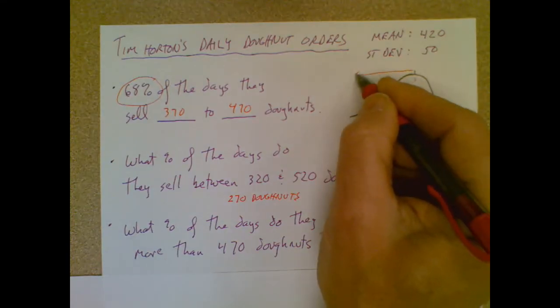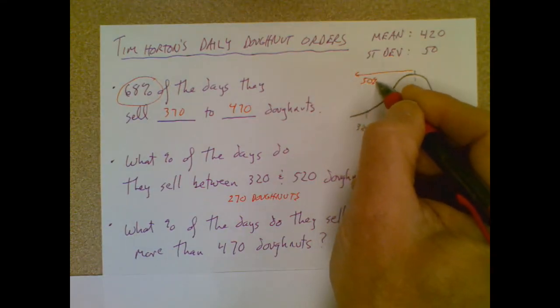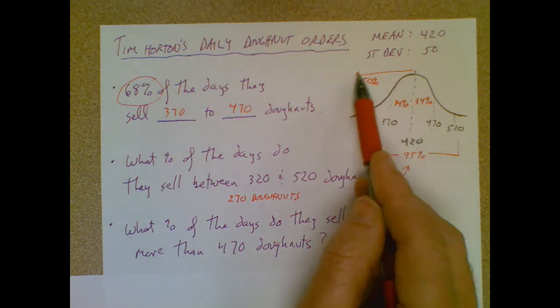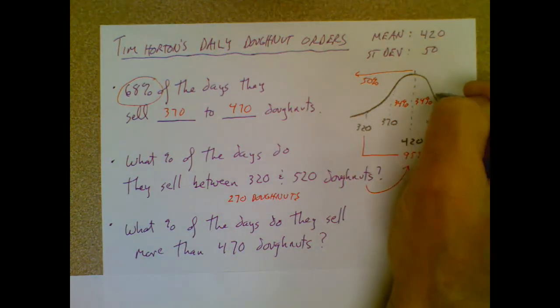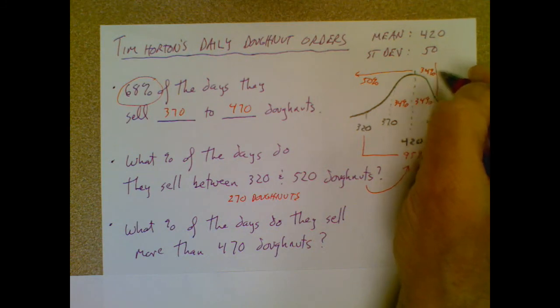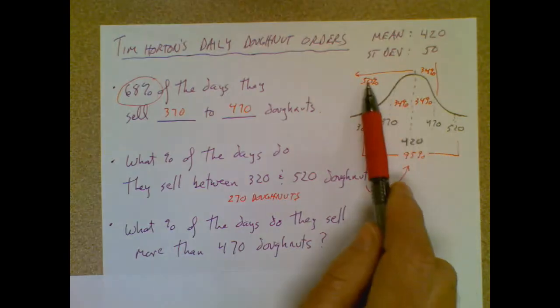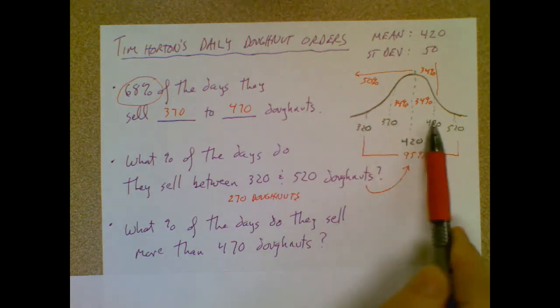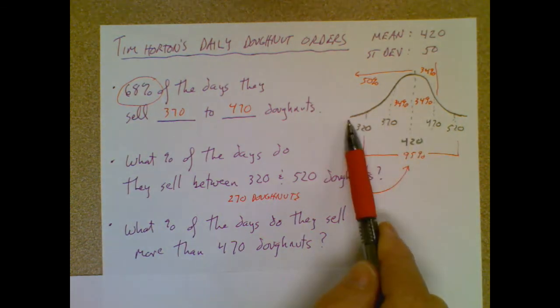You know that 50% of the days are going to be less than the mean, so there's 50% over there, and there's 34% here, so I know this. 50 plus 34 is 84% of the time they sell fewer than 470 donuts.